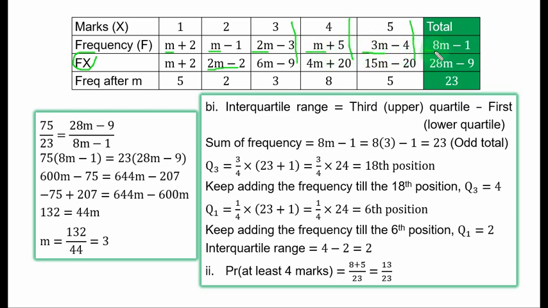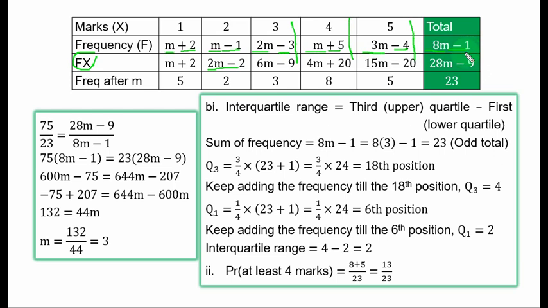You have 8m. Now let's take the constants. You have plus 2 minus 1 as 1. 1 minus 3. You have minus 2. Minus 2 plus 5. You have plus 3. Plus 3 minus 4. You have minus 1. So you have 8m minus 1 as the sum of frequency.